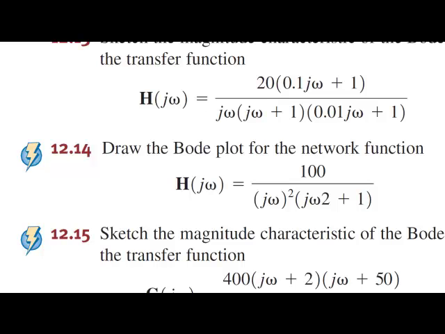So this is a typical problem set that is written only in jω for all the transfer functions. What we usually do is replace jω equal to s, and obviously by inspection you can see that this function only has poles but no zeros.